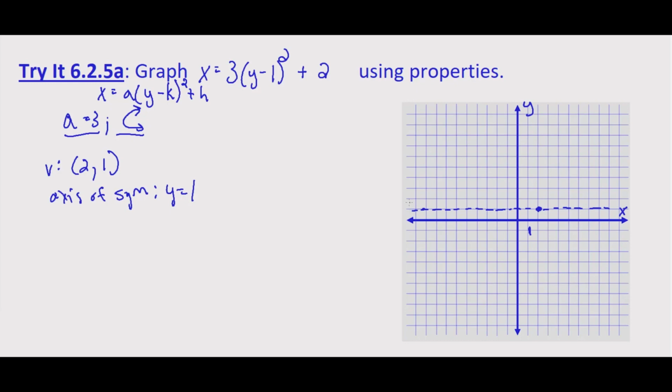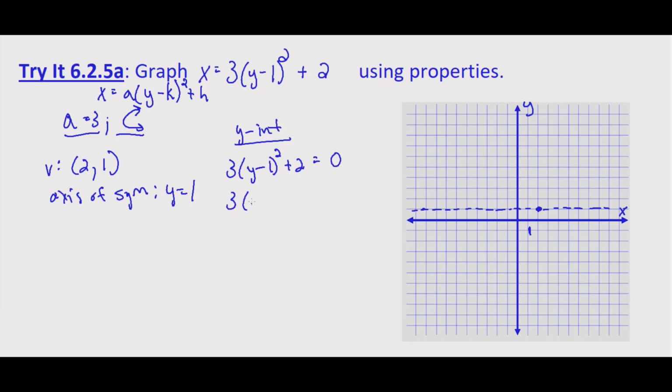And then we also can look for our intercepts. We know it's opening to the left, so we know it's going to have both y-intercepts and an x-intercept. If we look at the y-intercepts first, that's when x equals 0. So 3 times (y minus 1) squared plus 2 equals 0.